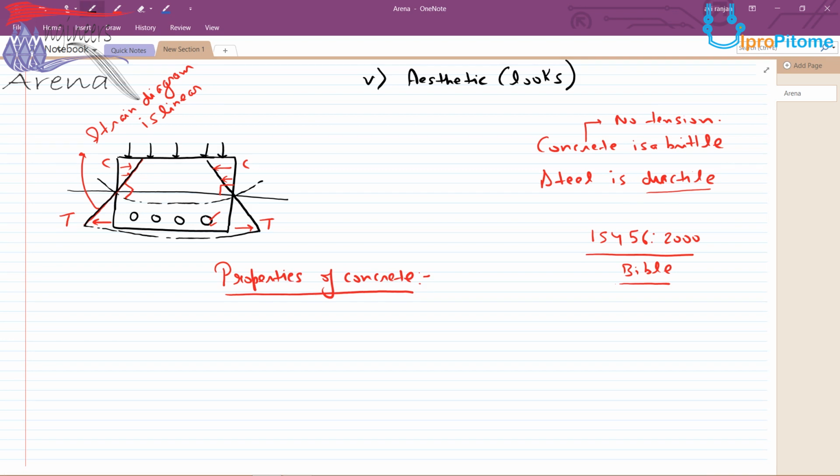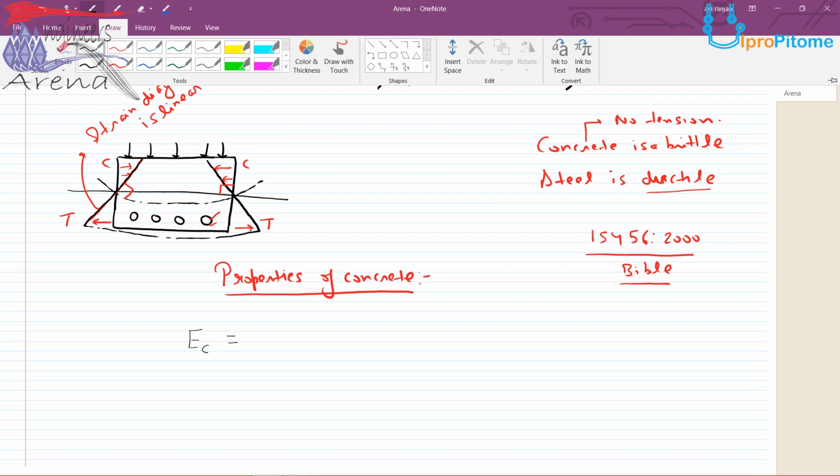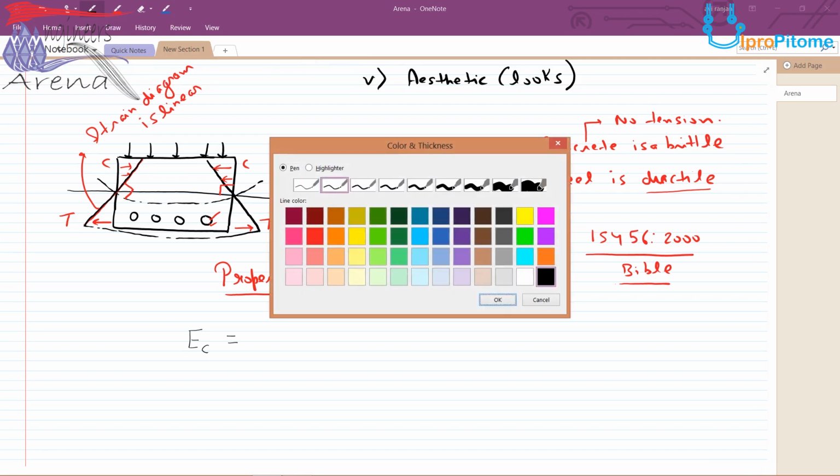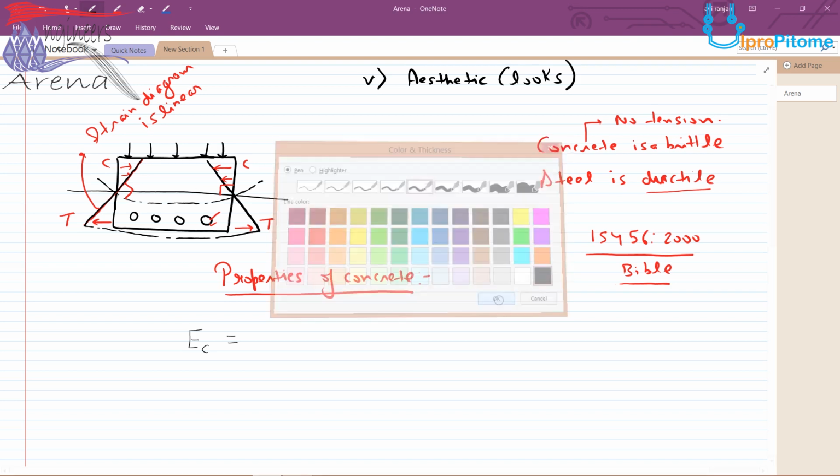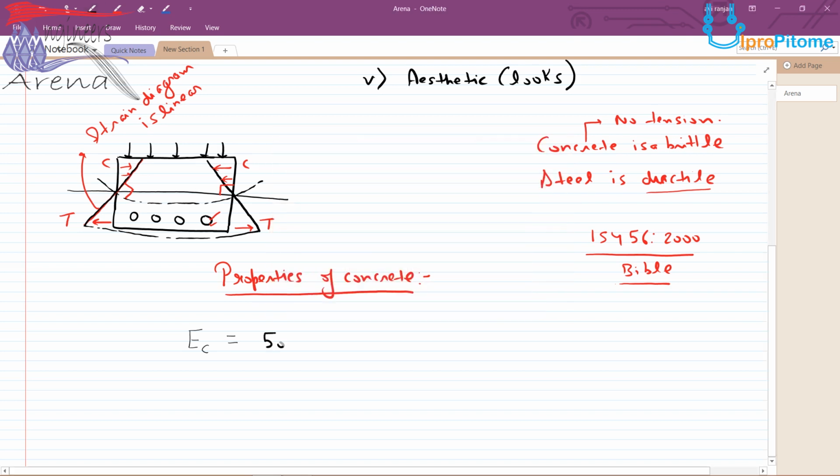Okay, let me change the color. So first is Young's modulus of elasticity, EC. What is EC? EC is Young's short term elastic modulus of concrete. Why is it short term? I will tell you.